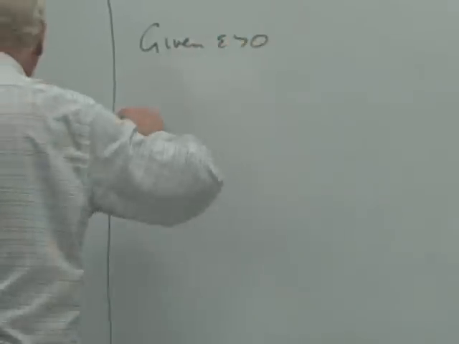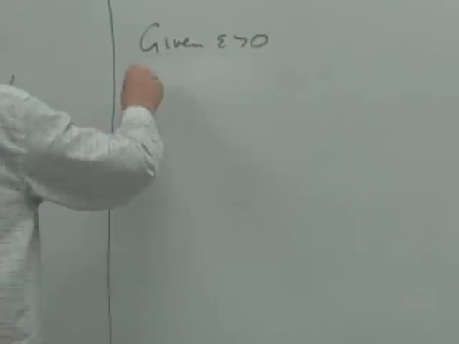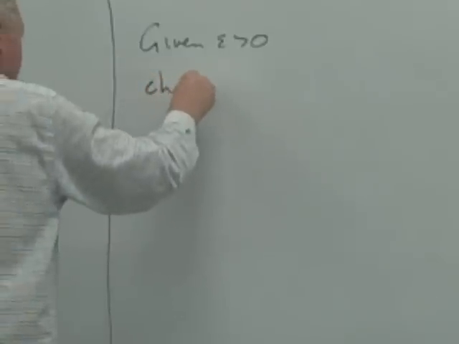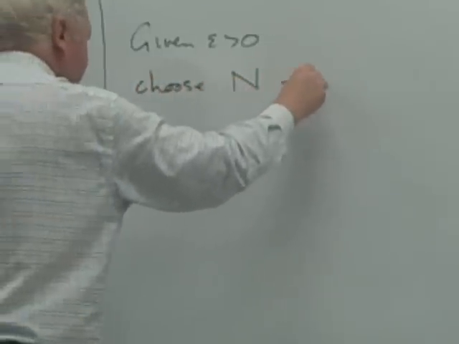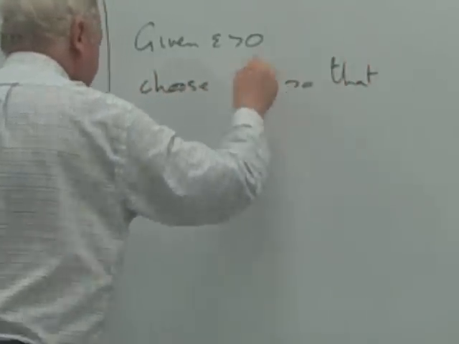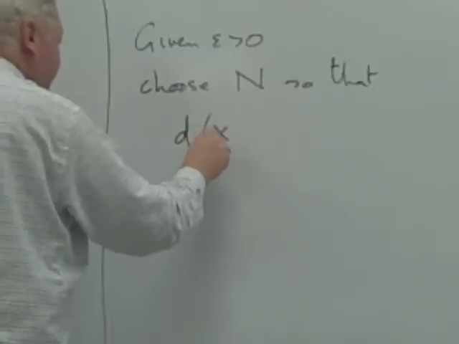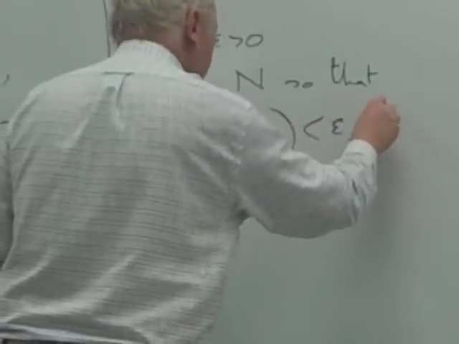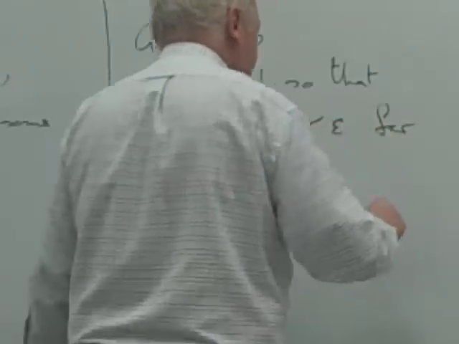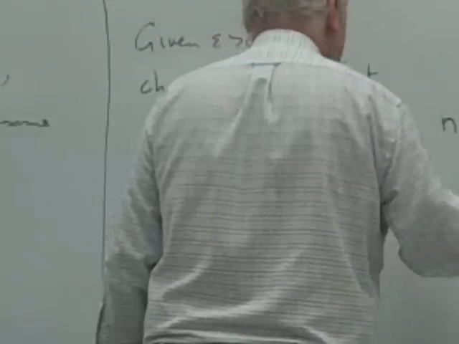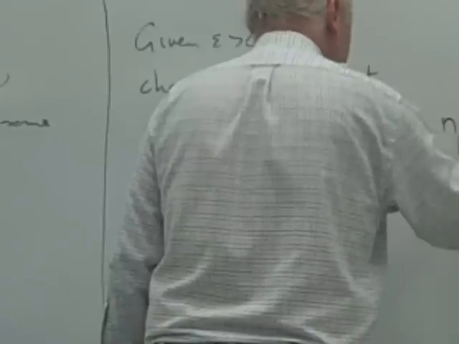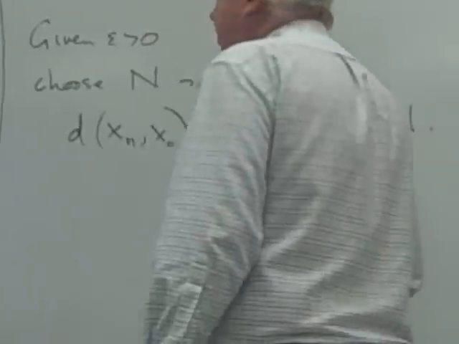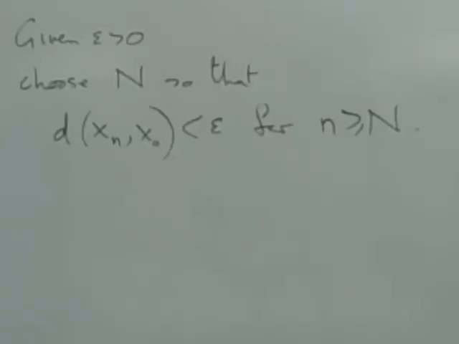So given epsilon greater than 0, we can choose capital N so that the distance between xn and x0 is less than epsilon for n greater than or equal to capital N. So that's the convergence of the sequence xn to the point x0.